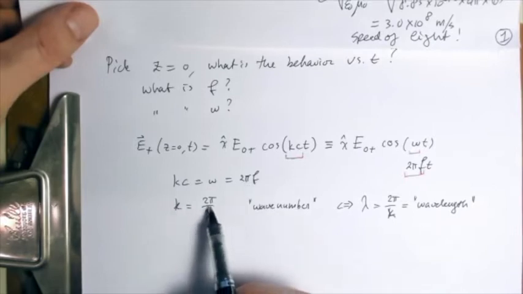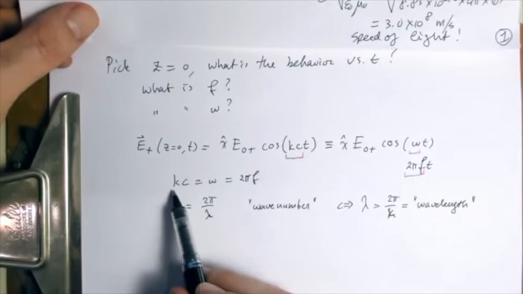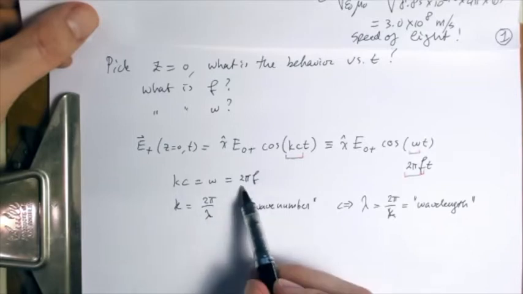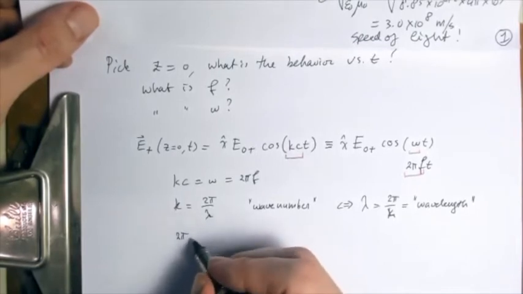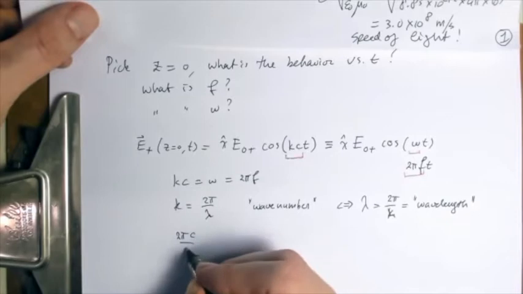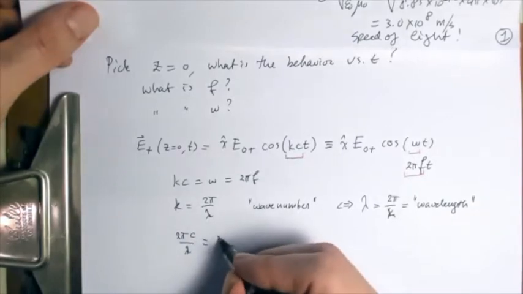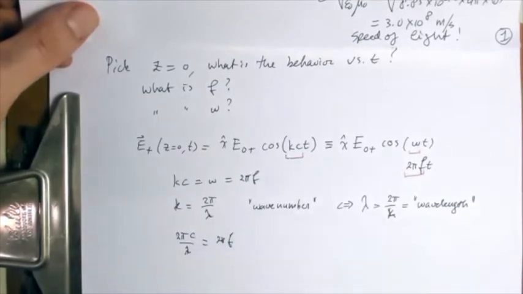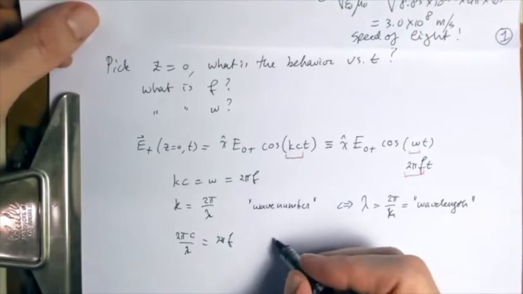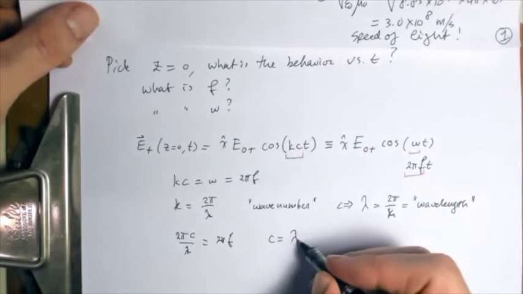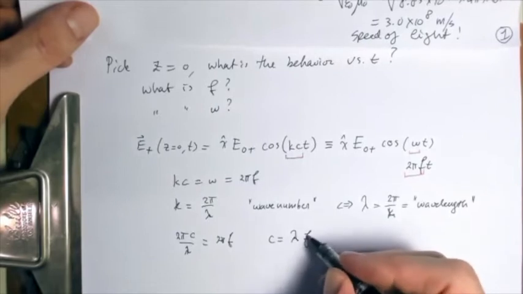So k, which is 2 pi over lambda, gives 2 pi c over lambda is 2 pi f. In other words, c is lambda f.